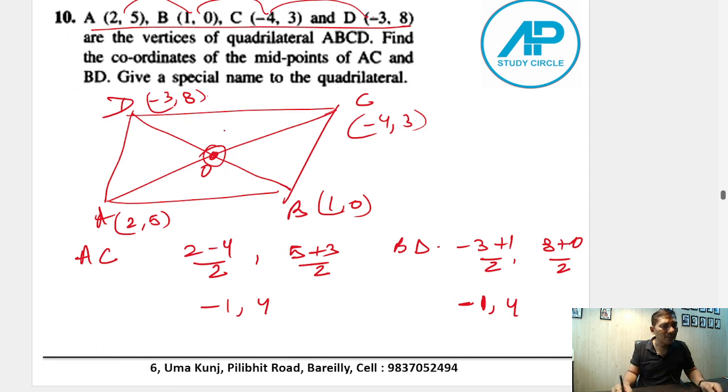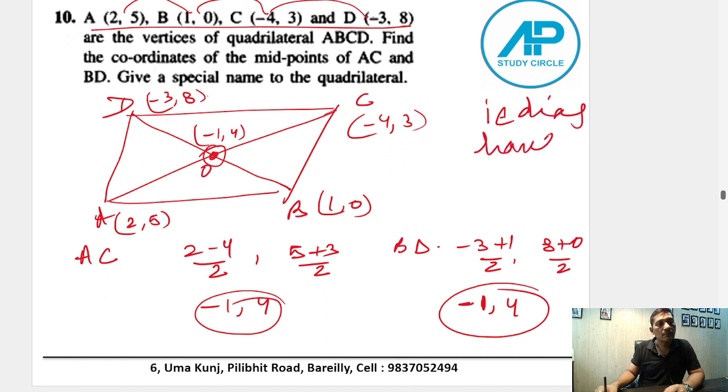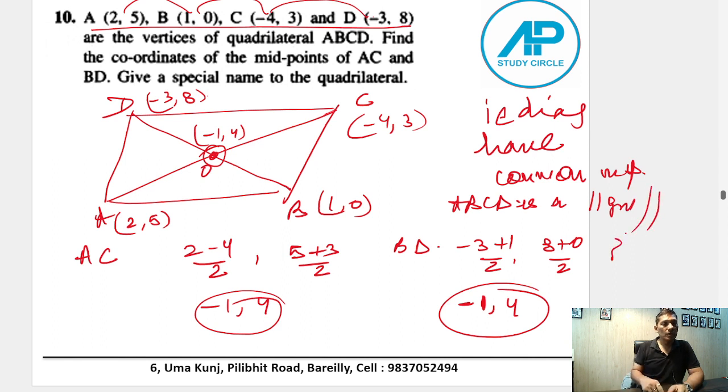So you see here very carefully, the midpoint is the same, whether along AC or along BD. That is, the diagonals have a common midpoint. This ABCD is a parallelogram.